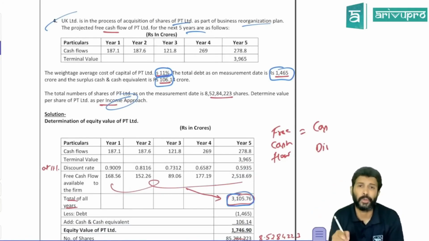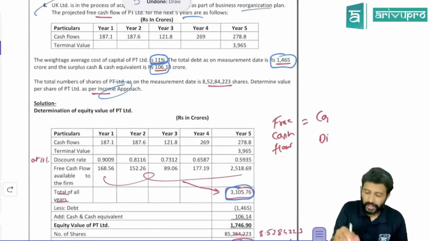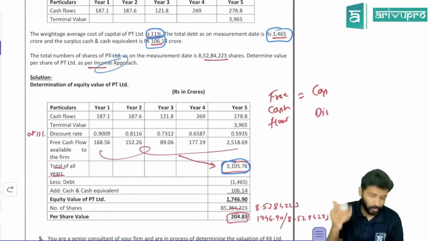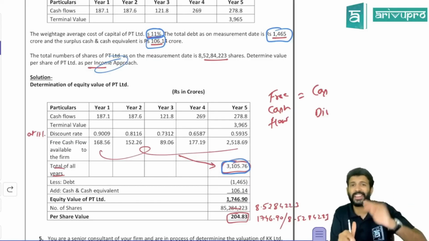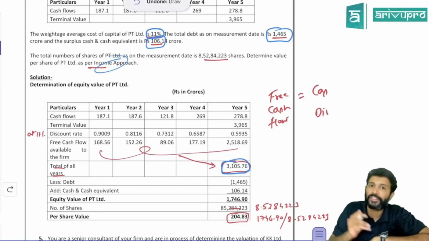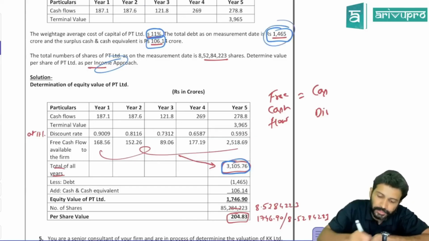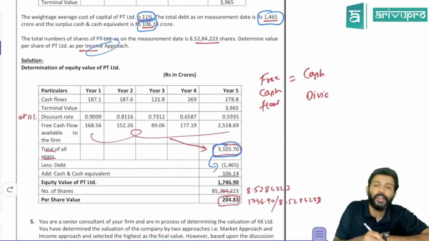Sir, this is free cash flow. Now we are talking about acquiring the shares, means equity shares. Is this 3105.76 free cash flow available entirely for equity shareholders? No, they said this is free cash flow. Free cash flow means the cash flow which is available for dividend and debt. So a portion of this belongs to the debenture holders also. Debt means debenture holders. How much is the value of the debenture? 1465. So reduce that, because in 3105, 1465 relates to the debt.